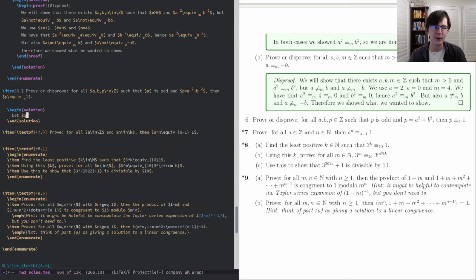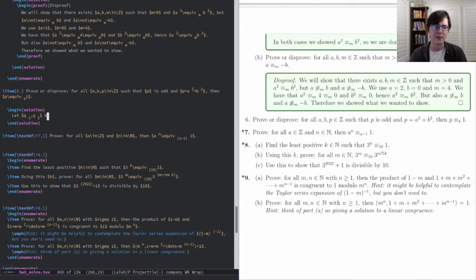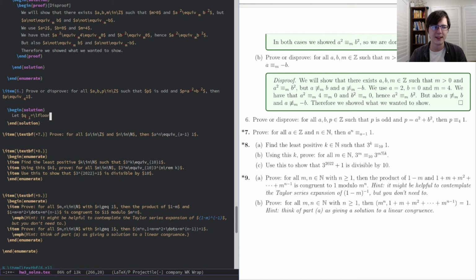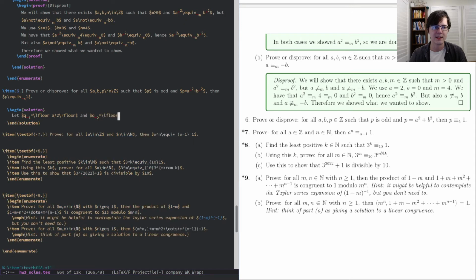Let's let q and q prime. No, we don't want a prime. Let's just do q1 and q2. We could just say what they are. It's a over 2, and q2 is b over 2, the floor.